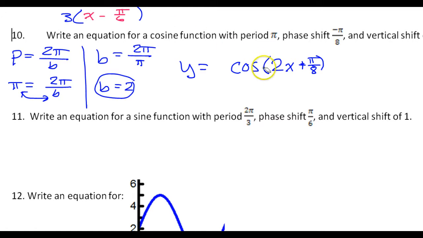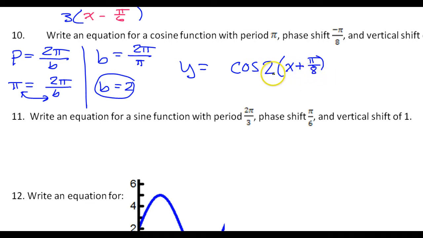So I should put the 2 outside of the parentheses, like this. So I have cosine of 2, and then x plus pi over 8. Now it's a phase shift.